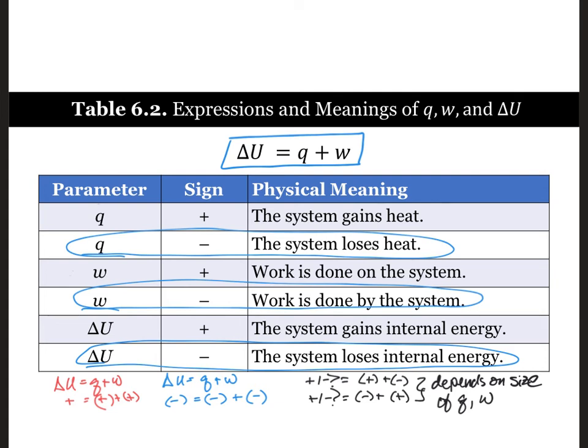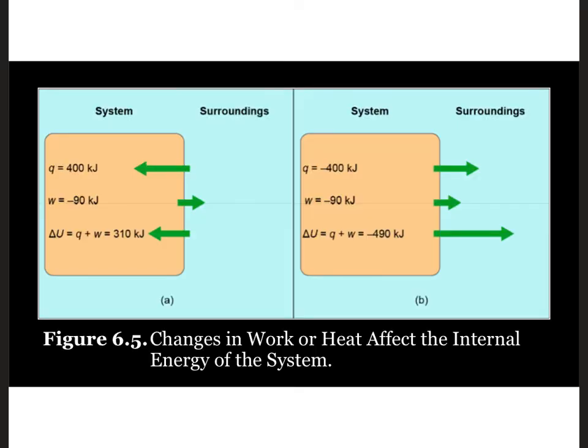Let's look at an example. In Figure A, the sign of Q is positive, indicating that heat is flowing into the system. The sign of W is negative, indicating that the system is doing work on the surroundings. If we sum the two quantities, we see the change in internal energy of the system is positive 310 kilojoules.